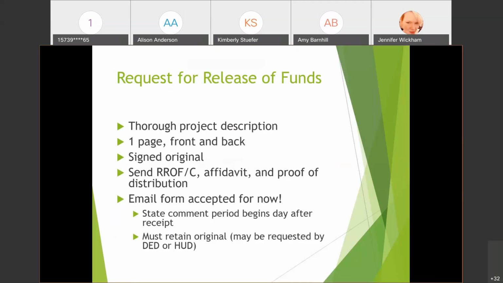We're accepting emails of the request for release of funds at this point. It's important to note that the state objection period begins the day after we receive the request for release of funds. And you should retain an original copy of the request for release of funds that you email to the state. Next slide.